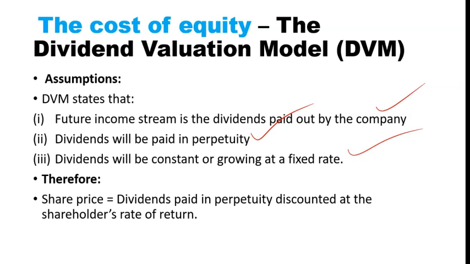All right. So for example, if we are paying a dividend of $10, and the cost of capital, or the required return, is 12%, then the share price would be 10 over 0.12, and this shall give us how much?